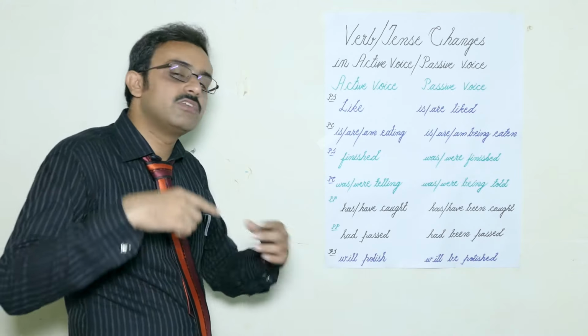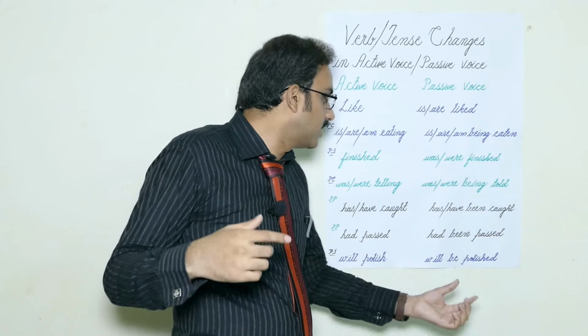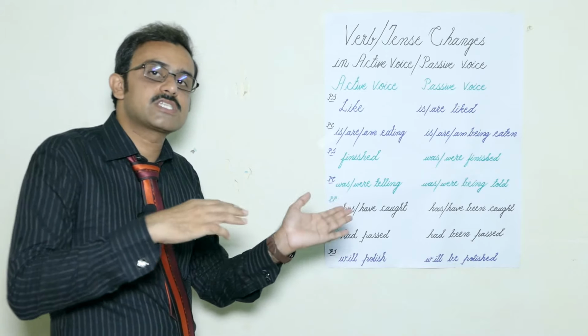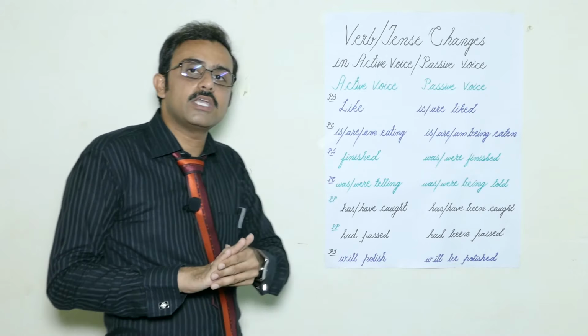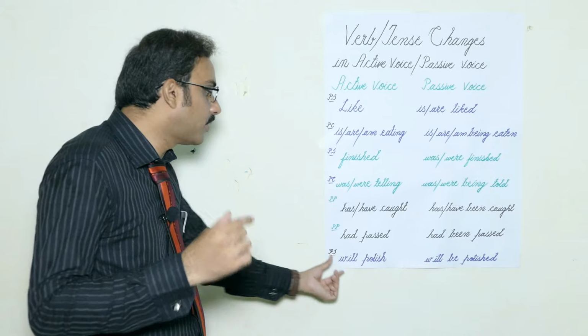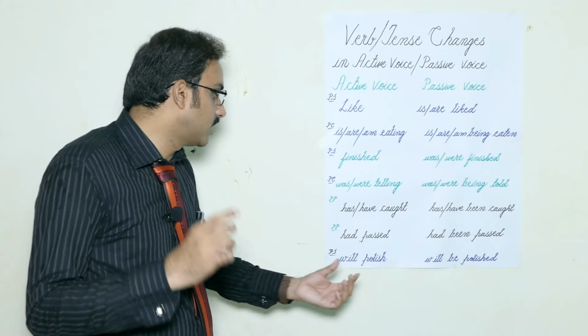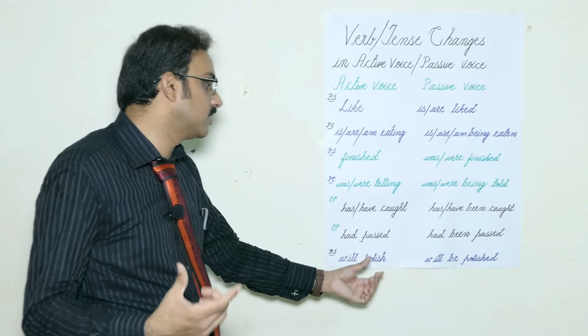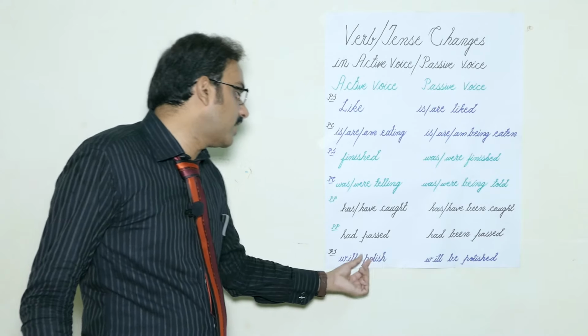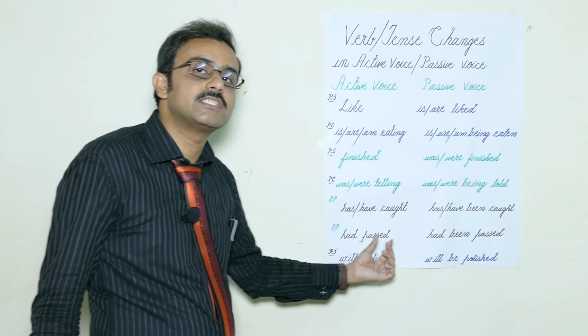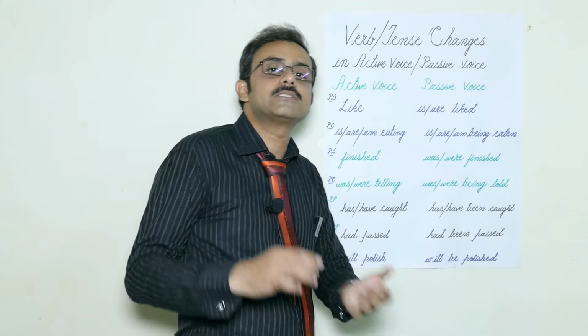Then we use preposition by, and then we change the subject she into her, means first case into third case. Her shoes will be polished by her. Will into will be and first form into third form. Polish, present tense, into polished, past participle.